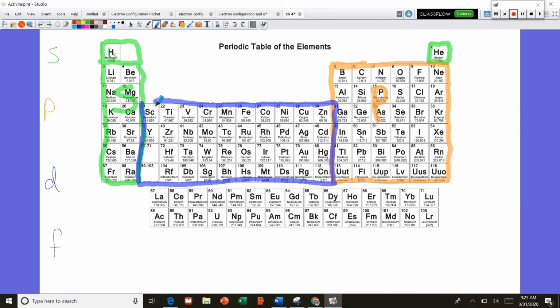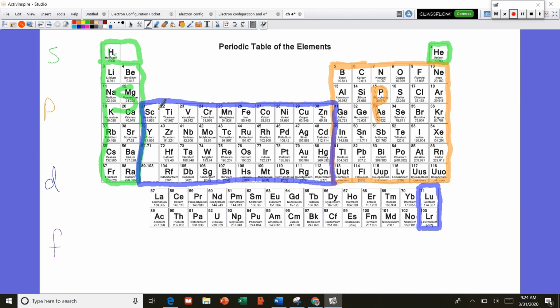Now, I'm going to fix something because notice you have this little blank gap right here, and we have this right here. Technically, these two are part of D. Now, something special happens in D that we don't see in the other ones.